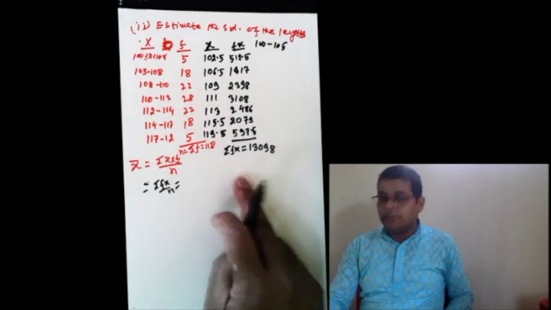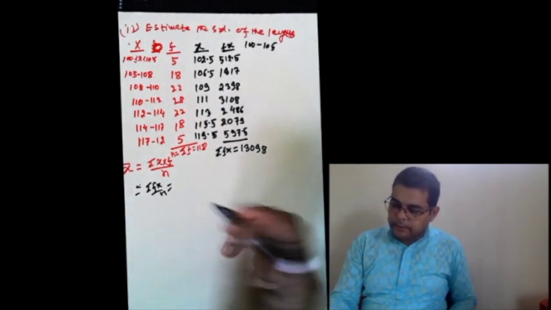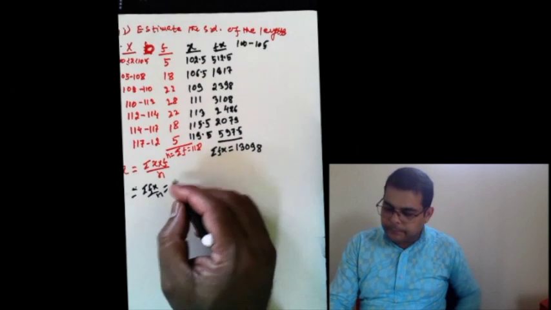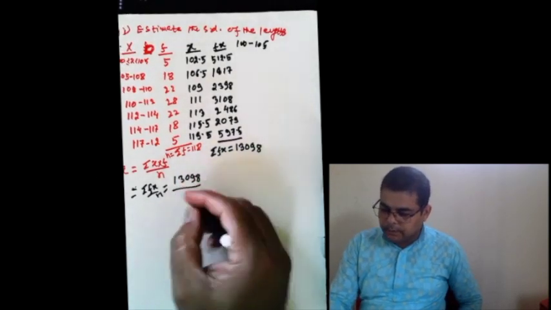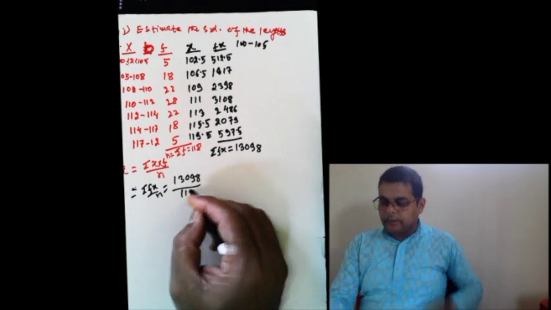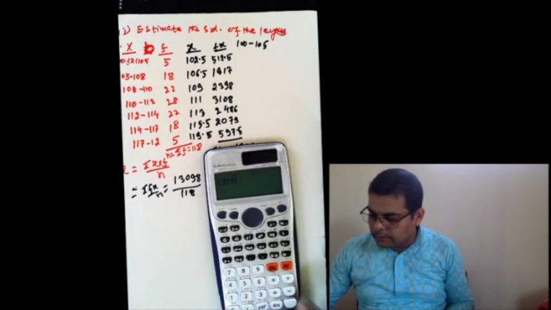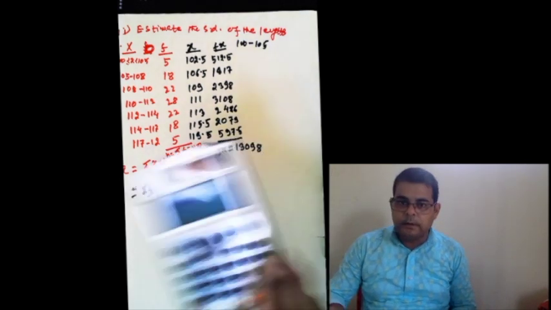So this is the value of fx. Now by using the value of fx, you can put here 13098 divided by total n, which is 118.